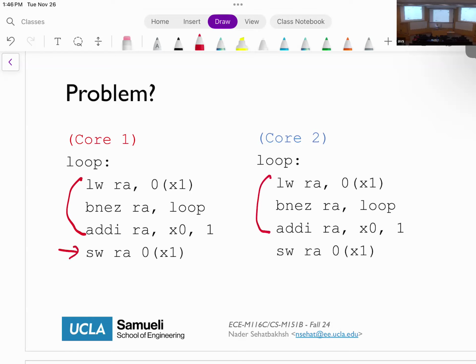So both of the cores think that they have acquired the lock, right? If this store happens after this load, then both of these cores think that they read lock is equal to 0. Lock is available, right? So overlapping between these two sequences of instructions is actually terrible. It makes this lock not work.